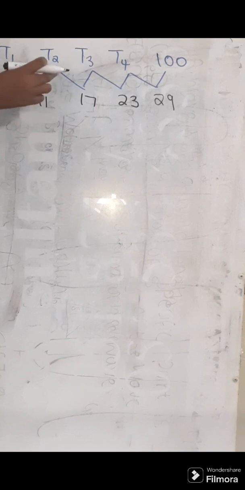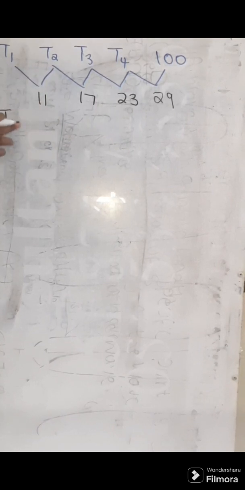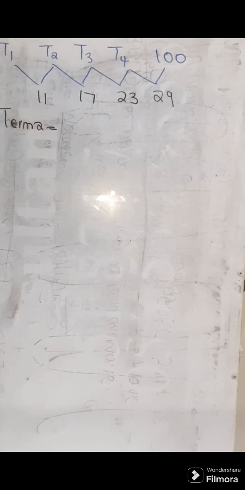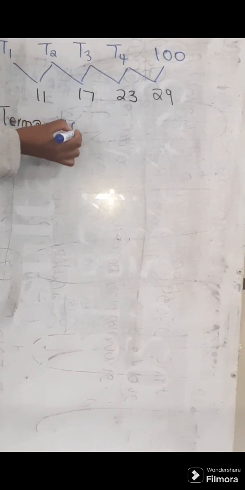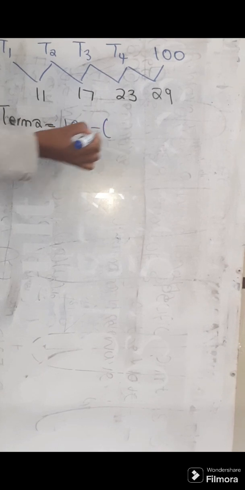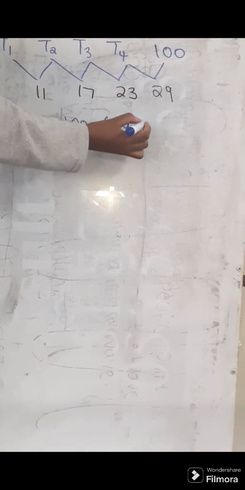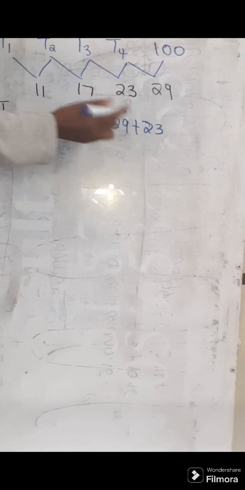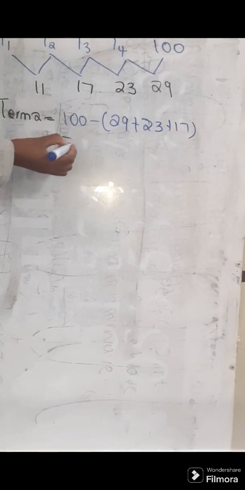So which means we're looking for this one. So which means term 2 will equal this 100 minus 29 minus this 23 and minus this 17.